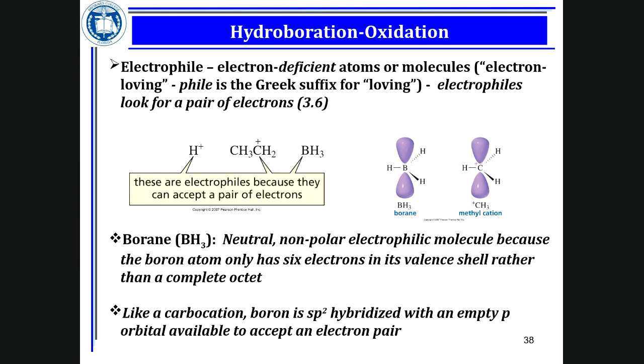So indirect hydration, which the net result still is addition of H and OH. One reaction we talked about the mechanism yesterday, and that was the oxymercuration demercuration. The product is anti-addition.